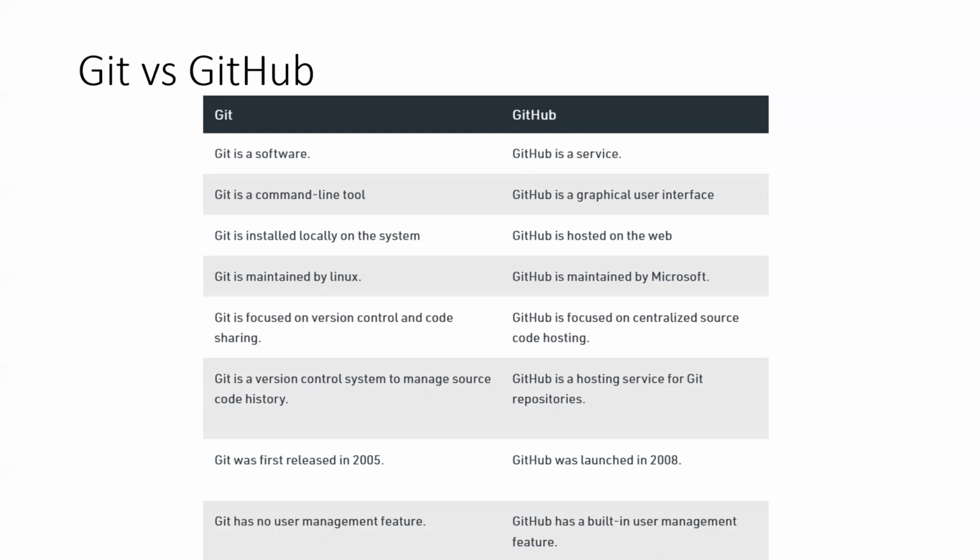Git is installed locally, but GitHub is hosted on the web. GitHub is the same as GitLab; if some of you have worked in GitLab, you will find they are the same. But Git is the main core thing which we need to install on our local system. You can quickly check those from here.